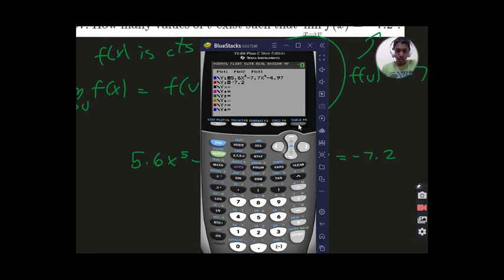I'm going to push the graph button, and right now we're in zoom standard. Let's see what we get from zoom standard. It's usually a good place to start for graphing. If you don't know what I'm talking about by zoom standard, you go to zoom and then it's number 6, zoom standard. Those are just different zoom levels for your graph.